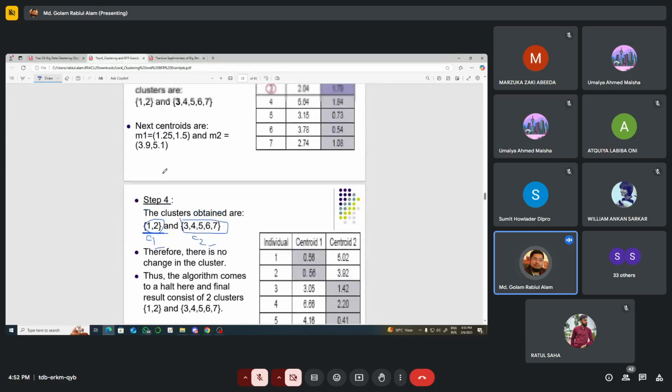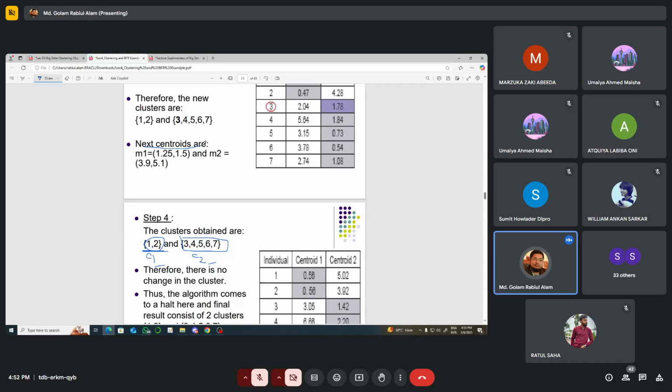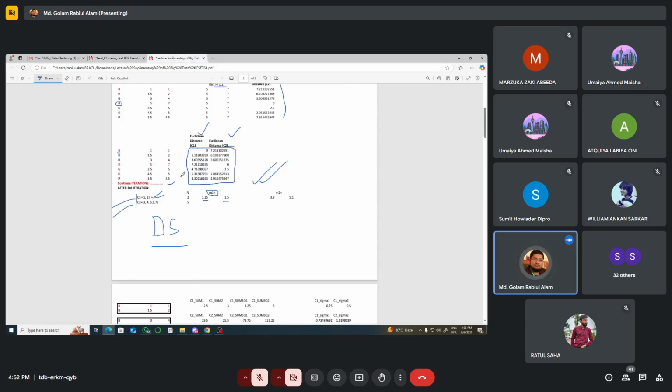If you remember, that is the centroid we have calculated. M1 is 1.25 and 1.5, and M2 is 3.9 and 5.1. Those are the centroids of cluster 1 and cluster 2. How many elements are in cluster 1? We have just 2 elements.